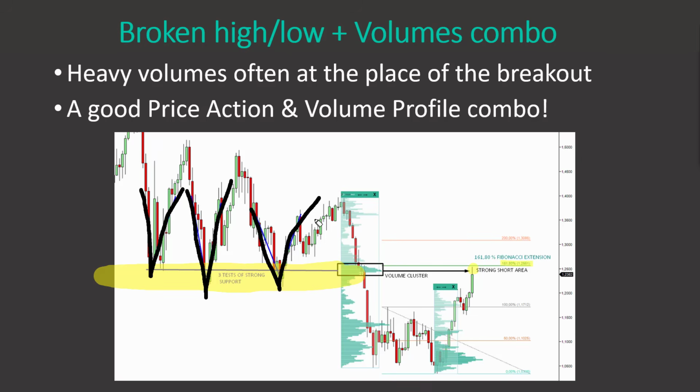But that was enough for me because those reactions were really strong. Now, what happened next was that the price went past this support, turning the support into a new resistance.